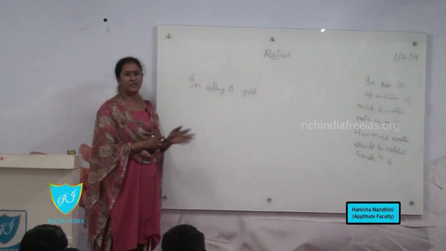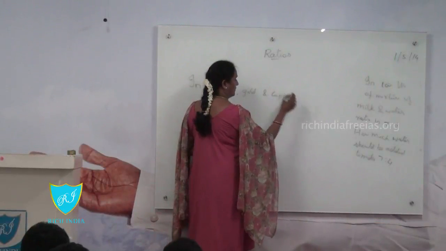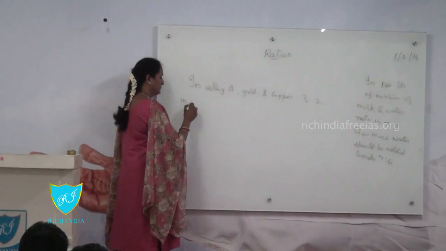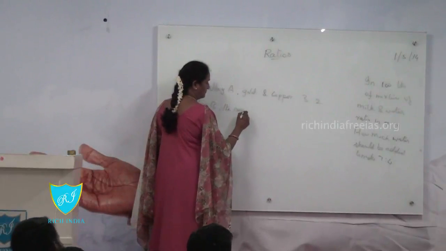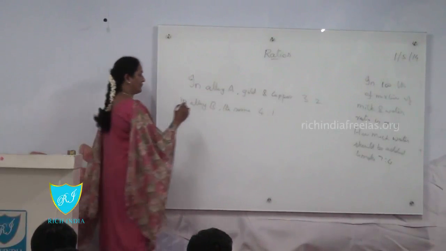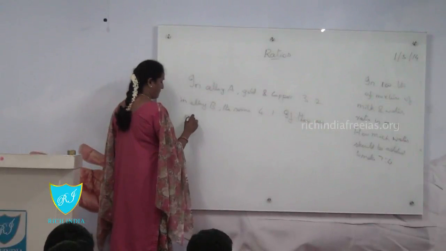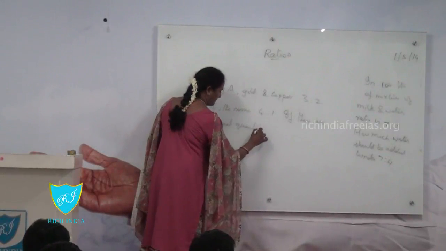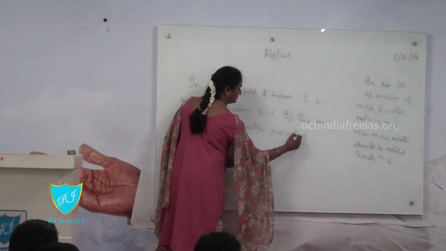So for a change, instead of milk and water, let us take gold and copper. In alloy A, you have gold and copper in the ratio 3:2. In the next alloy it is 4:1.